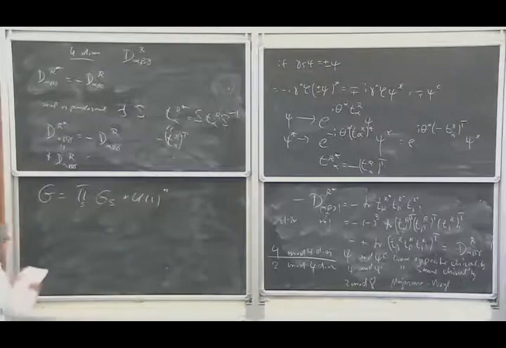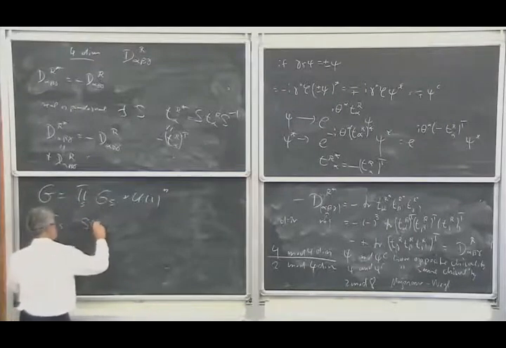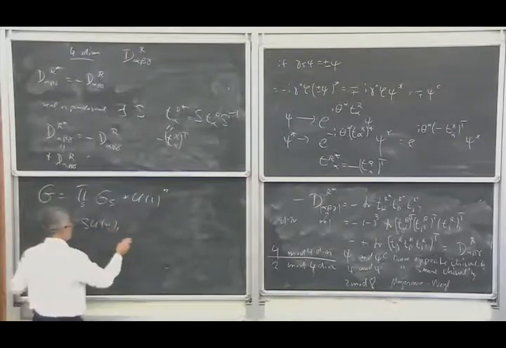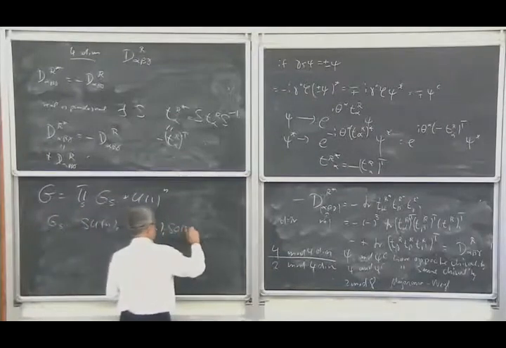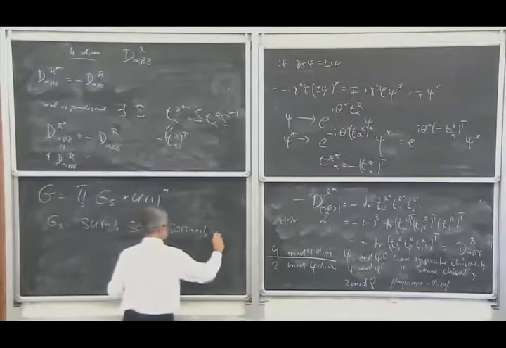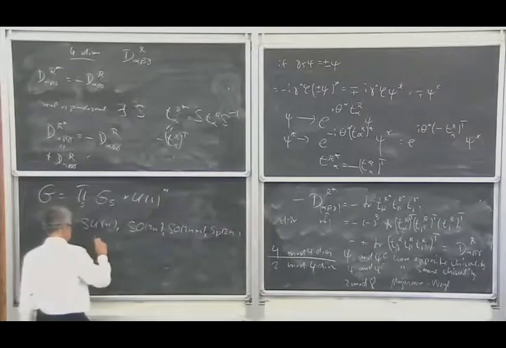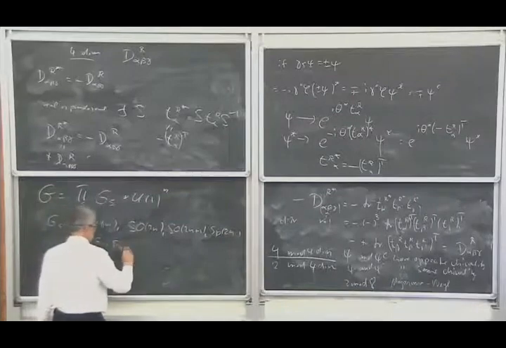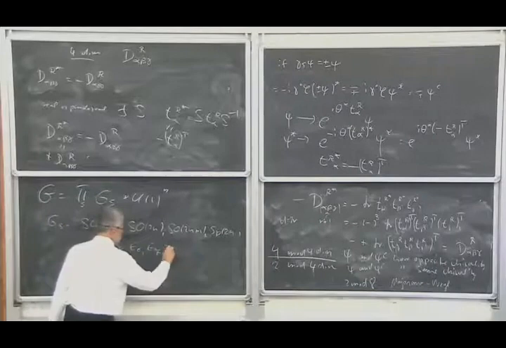So, the simple groups are, well, we have the SU(N) groups, we have the SO(2N), we have the SO(2N+1), we have the Sp(2N), and then we have these exceptional groups G2, F4, E6, E7, E8.